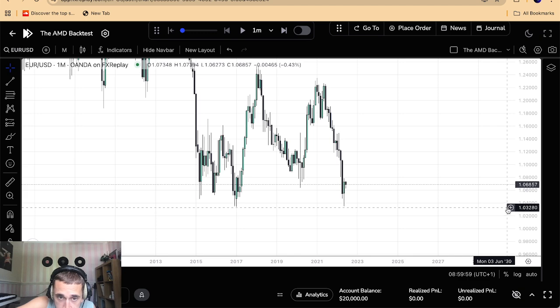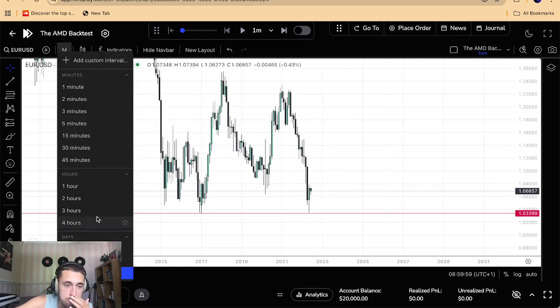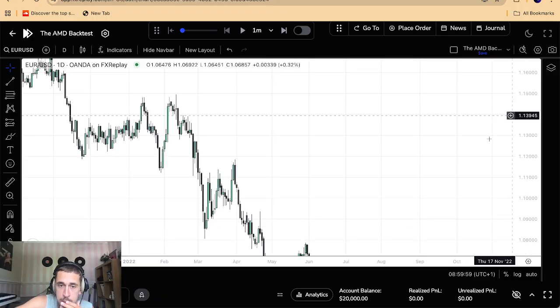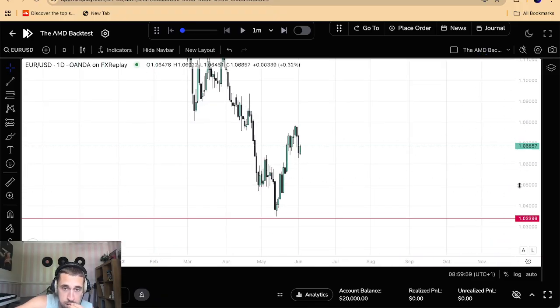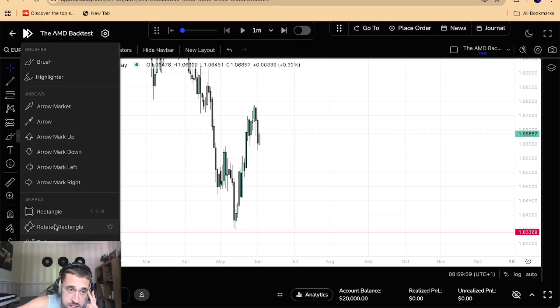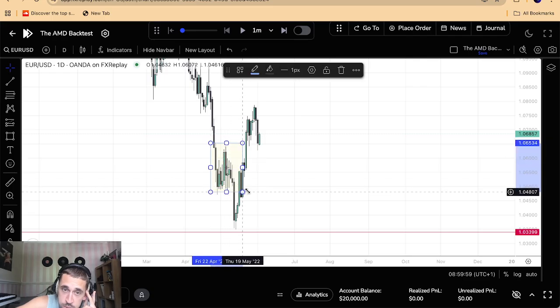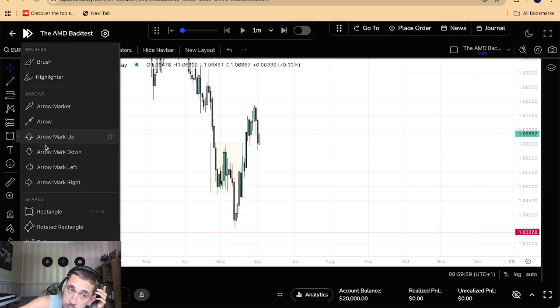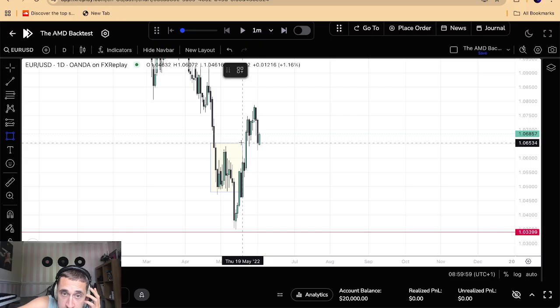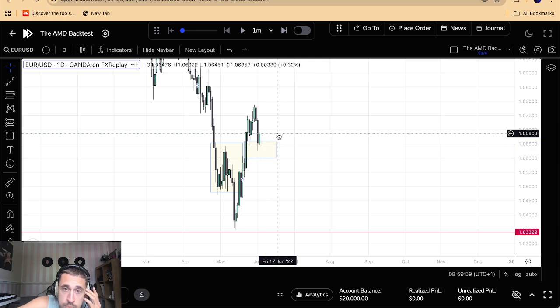So for example, using accumulation, manipulation, distribution, we've found a bias now. So now we can expect that even though this accumulated and manipulated that way, if we get distribution back into this range, for example through this candle here, then this should give us what we're looking for.